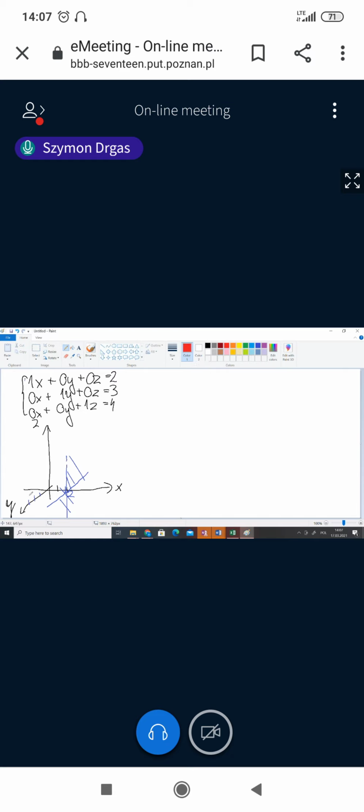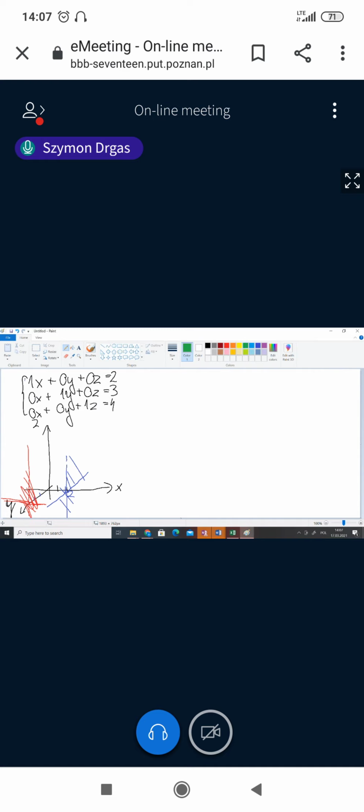So in this case, I could draw a line that is parallel to this z-axis and a line which is parallel to the x-axis. And all points spanned by these two lines are solutions to the second equation.